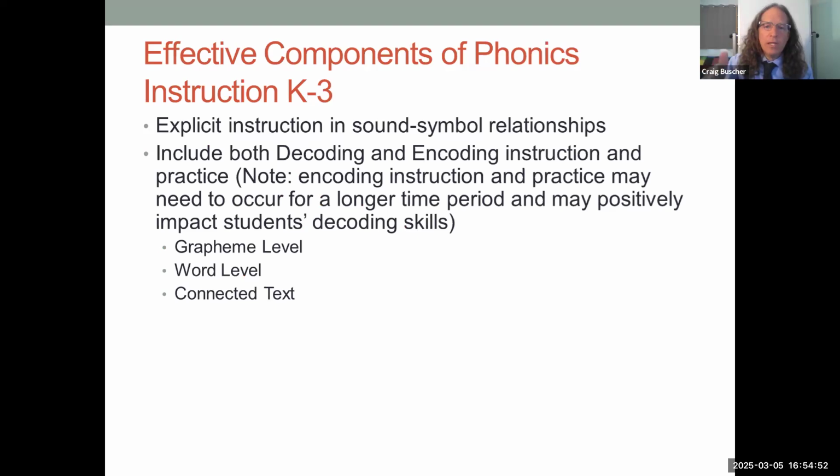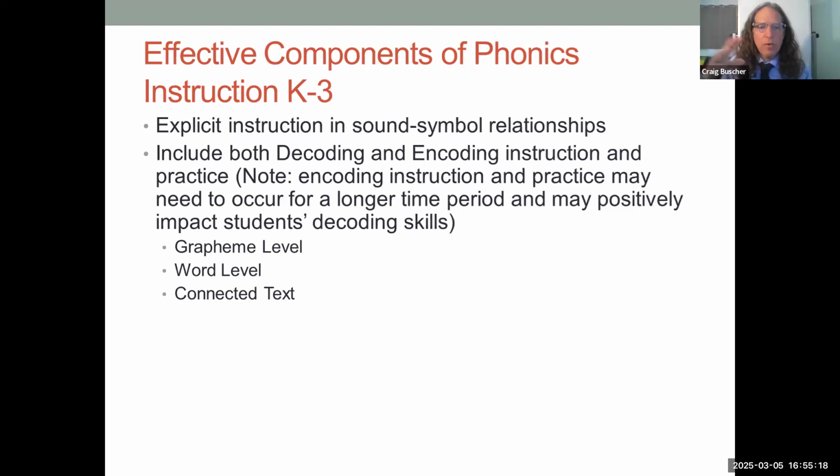So once you've taught one sound-symbol correspondence, then you have to teach the next one, and the next one, and the next one. Whereas other students who are building this proficient word reading brain, you don't always have to teach them everything because they start to figure some of this stuff out on their own. But quite often the students with dyslexia or word reading issues, they don't.